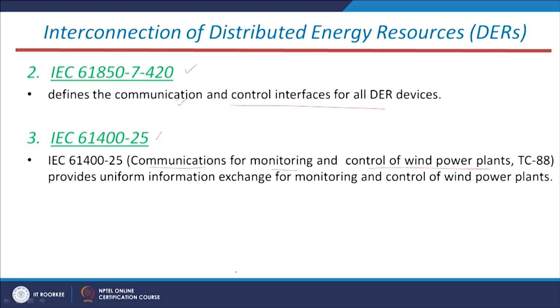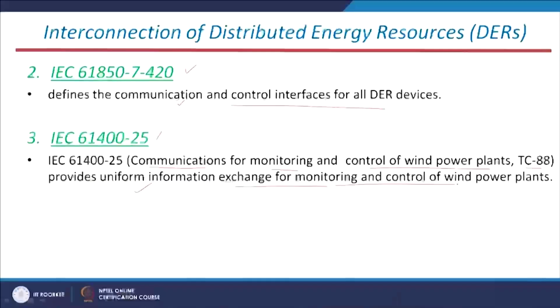So, how to control, how to communicate, how to monitor: those rules should be defined within some standards. The standards are released for that purpose, that is TC88, which provides information exchange for monitoring and control of wind power plants.